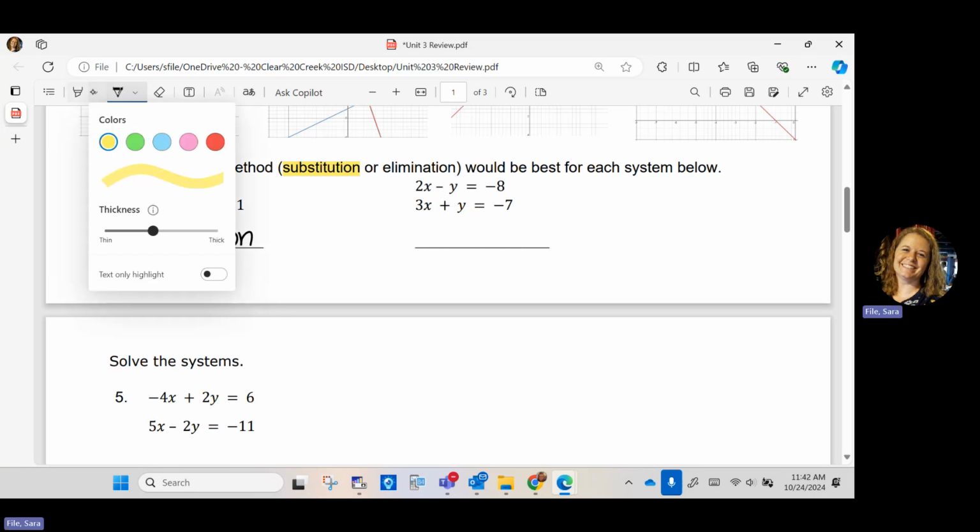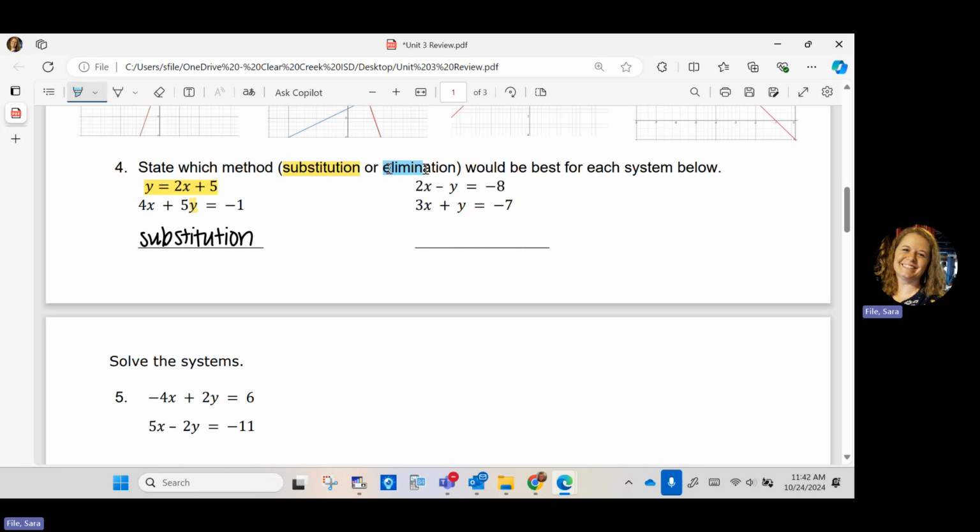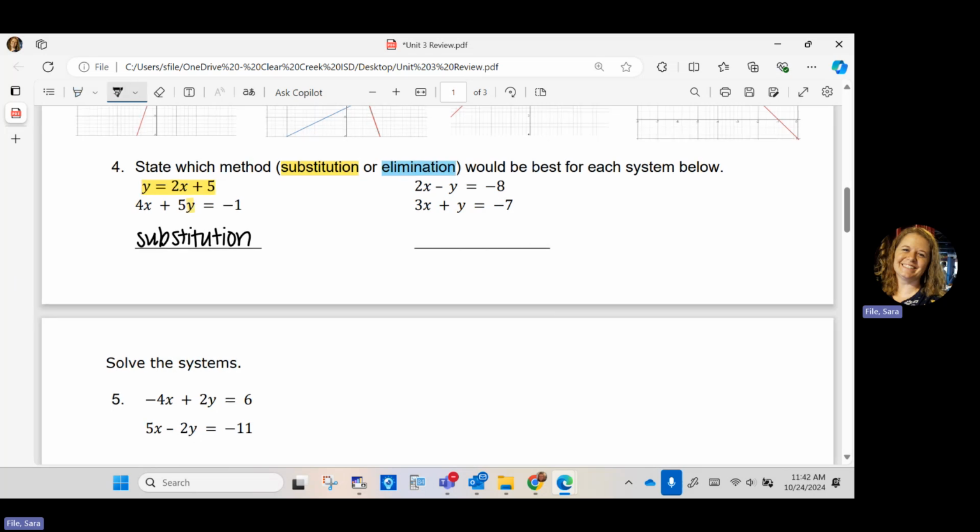Elimination is when we have our x's, y's, and constants all lined up. So you can see we have our x's set up together, we have our y's lined up, and we have our constants lined up. When it's set up that way, that's when we're going to use elimination.